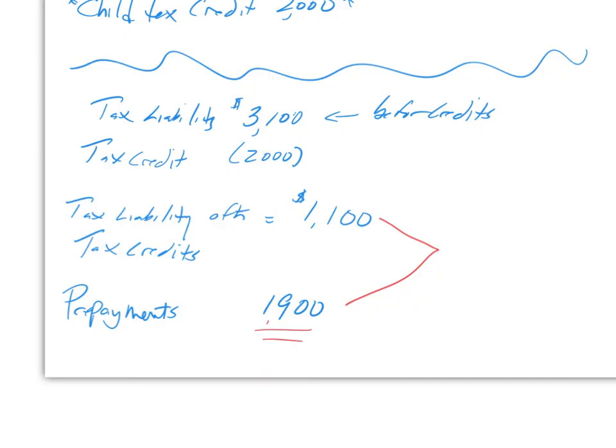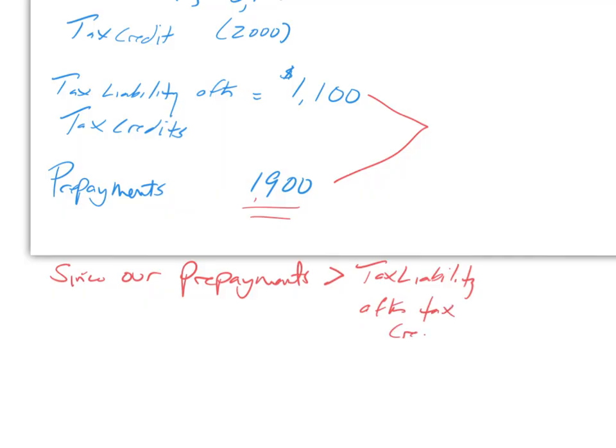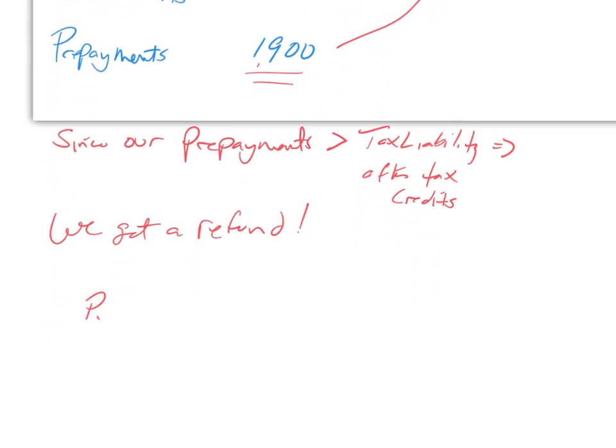So what that means, since our prepayments are larger than our tax liability after tax credits, this means we get a refund, okay? And so how much of a refund do we get? Well, we got to figure out that overage.